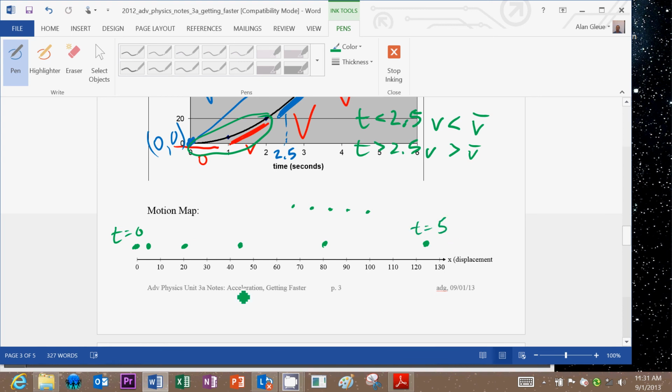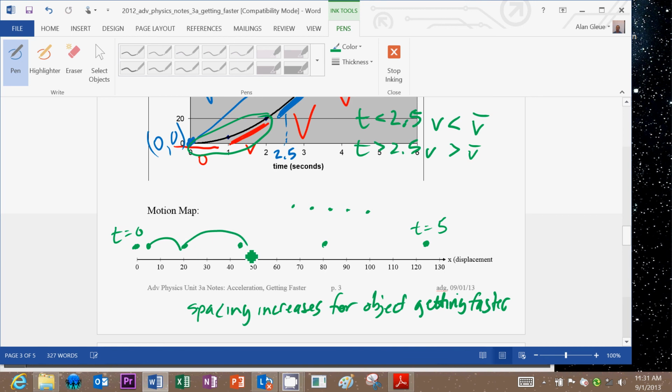Now look at the spacing. The spacing increases for an object that's getting faster. Isn't that pretty interesting? And isn't that kind of the case? So you're traveling further and further every successive time interval, right?